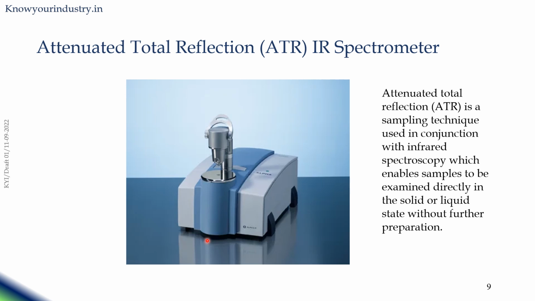So we need not go for any sample preparation like potassium bromide pellets or something which is generally used in the Fourier transform infrared spectrophotometer. So this is something more advanced than the Fourier transform IR spectrophotometer, and we can use the sample directly and easily. That is the main advantage of the ATR IR spectrophotometer.